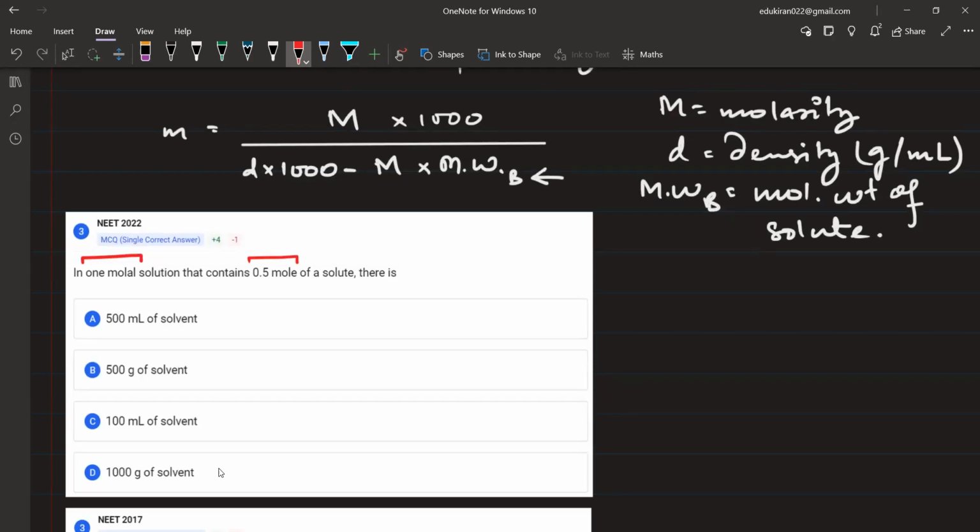Is it 500 ml of solvent, 500 gram of solvent, 100 ml of solvent, or 1000 gram of solvent? Choose the correct option. I'm giving you guys only 1 minute. It's a very easy question.